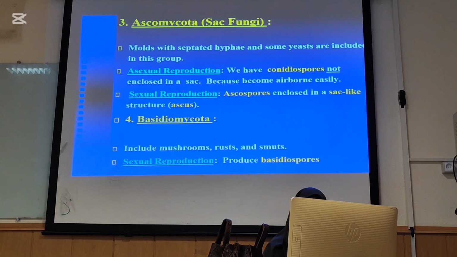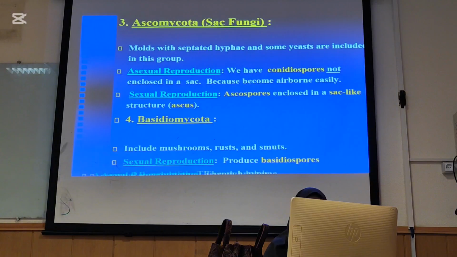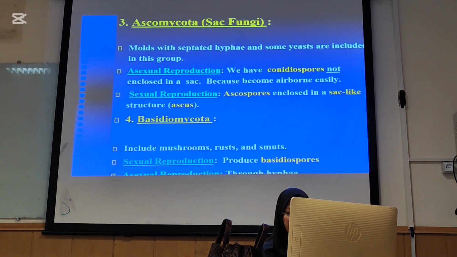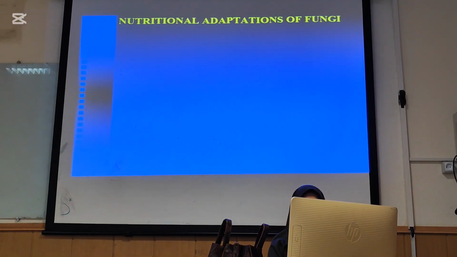So Basidiomycota has sexual spores as basidiospores, and asexual reproduction is usually done through septation, fragmentation of the hyphae. Okay, you understand? Yes.